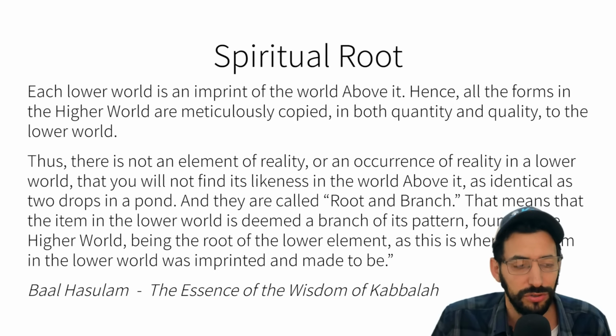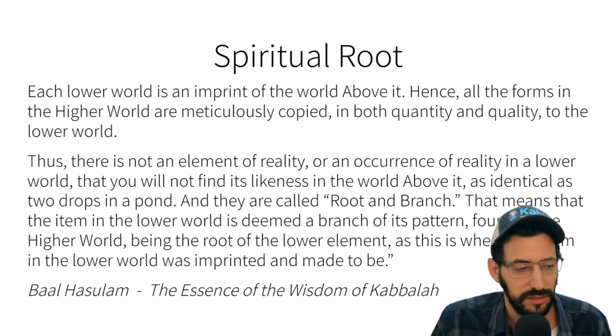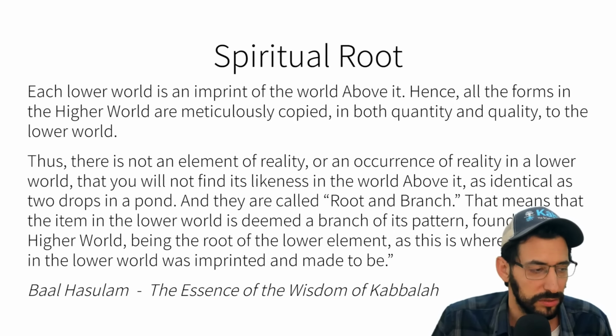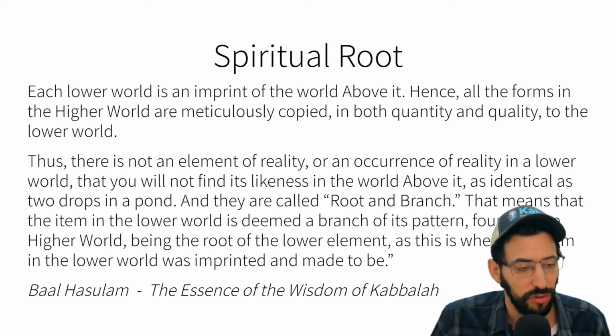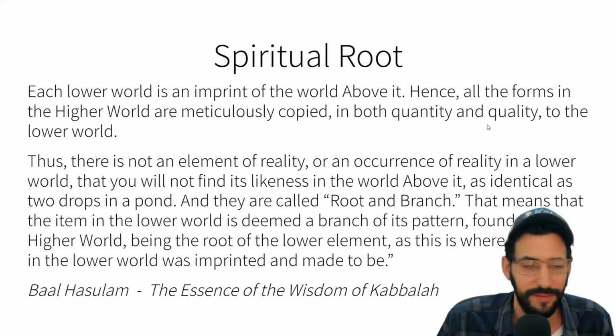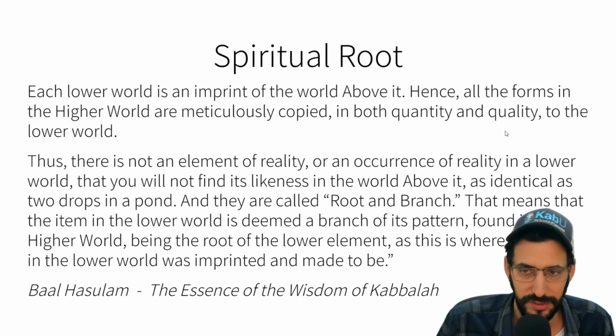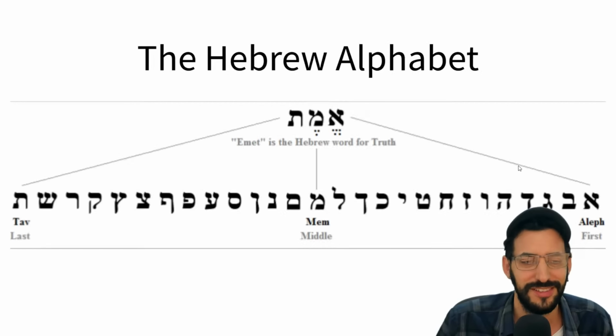And they are called root and branch. That means that the item in the lower world is deemed a branch of its pattern, found in the higher world, being the root of the lower element, as this is where that item in the lower world was imprinted and made to be.